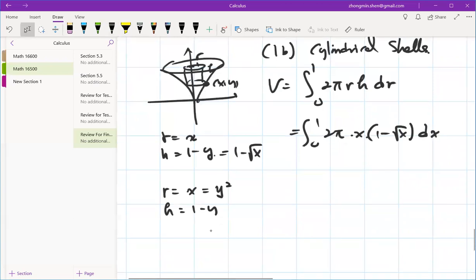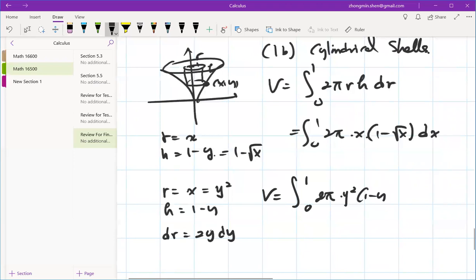So when r runs from 0 to 1, y runs from 0 to 1, okay? So dr equals 2y dy. So the volume can also be an integral, but usually people don't do that, okay? But it's possible. y starts from 0 to 1, 2 pi, r is going to be y squared, and h is 1 minus y, and dr is 2y dy.